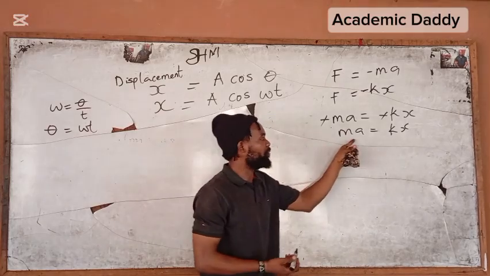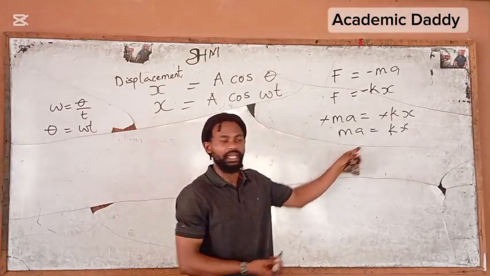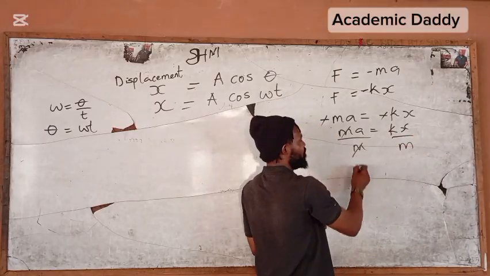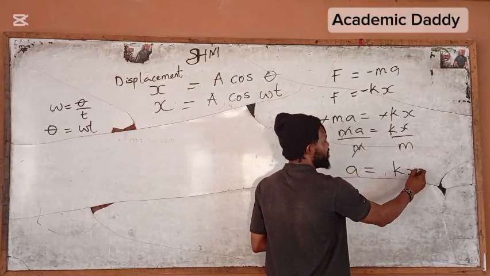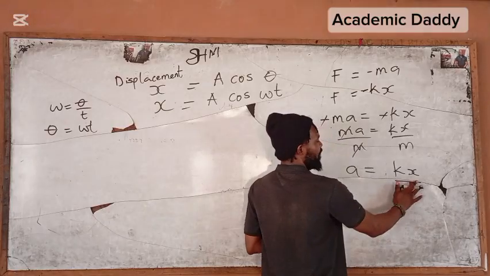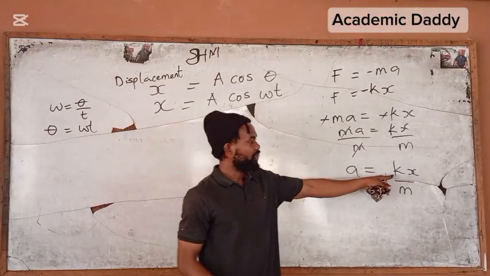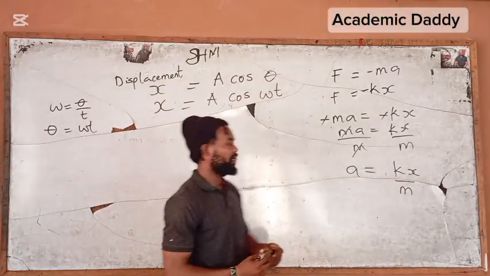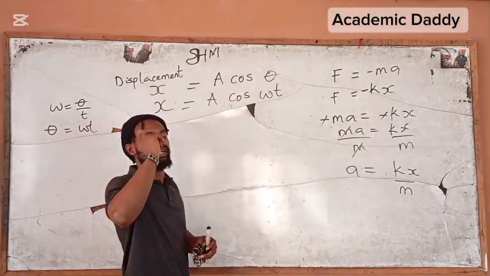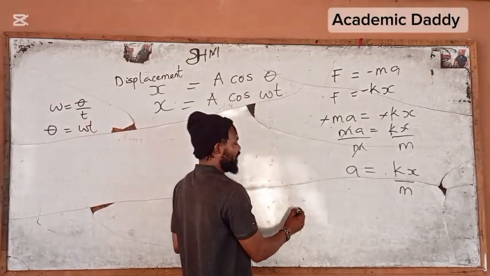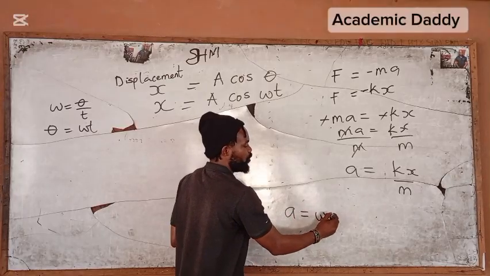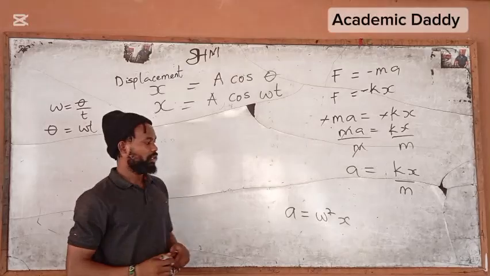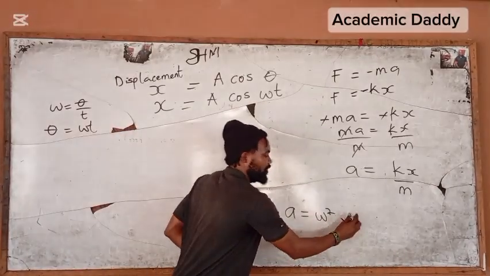If I choose to make A the subject of the formula, I divide both sides by M, so this cancels this. So A is equal to KX over M. Now notice something about this K over M. We need to remember that in circular motion, we said that A is equal to W square X, or W square R. Is it not true?